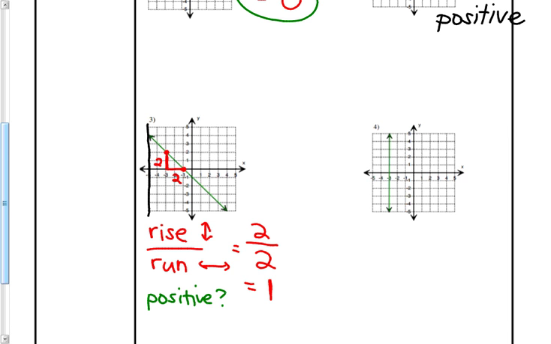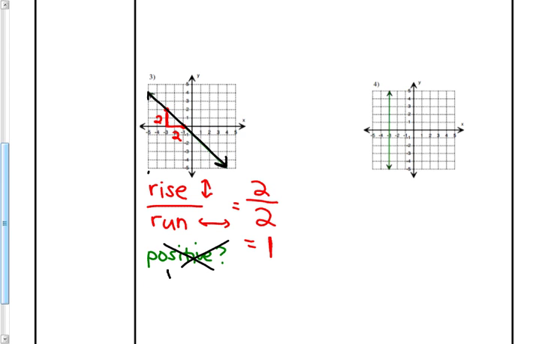From left to right, this is actually going down. Do we agree? It is going down. So what I can do is, after I do my calculation, knowing that this is a negative slope, I just go ahead and make it a negative. So my answer would be -1.